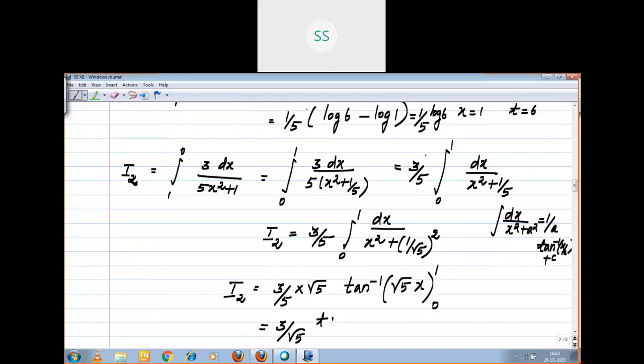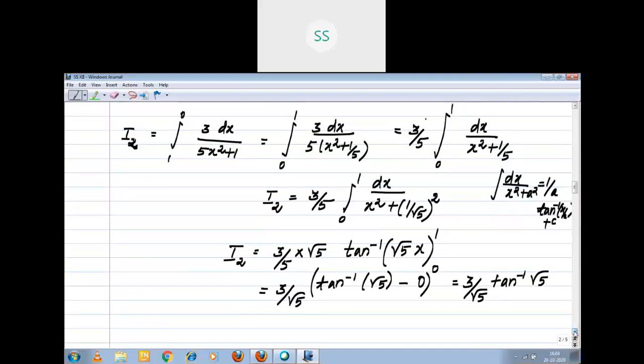So here 3 by root 5 tan inverse root 5, upper limit minus lower limit. So the final answer is 3 by root 5 tan inverse root 5.